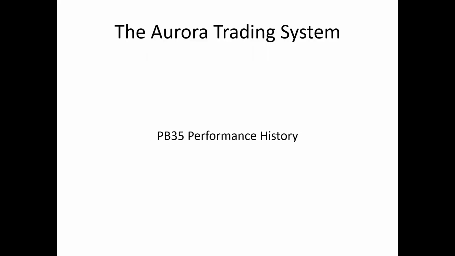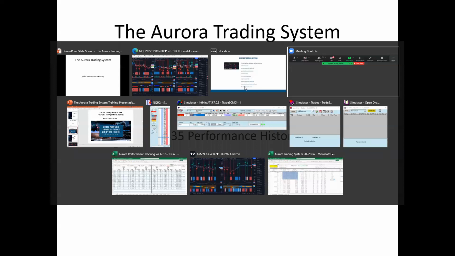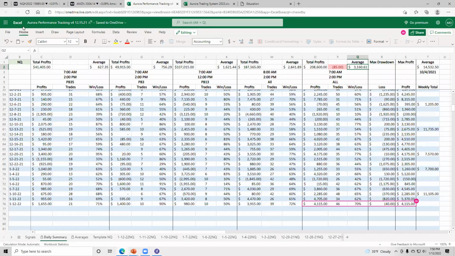All right, so let's jump to our tracking and look at specific history on PB35s. So I'm going to go to the averages tab here in just a moment, but from 7 to 2, the PB35 trades are averaging $627.35 a day.